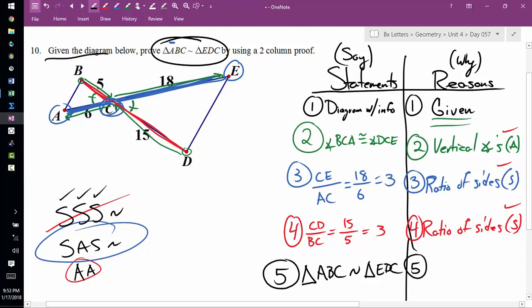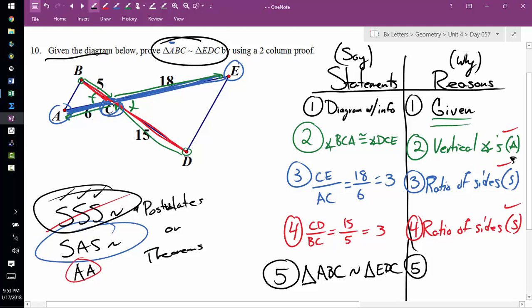And all you need to write for your reason is which of these postulates or theorems did you use? Was this the side-side-side? Did we use 3 sides? No, we didn't do that. Did we use 2 angles? No, we used 3 facts. We used the side-angle-side similarity theorem.